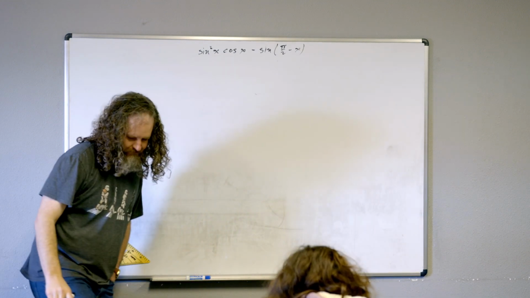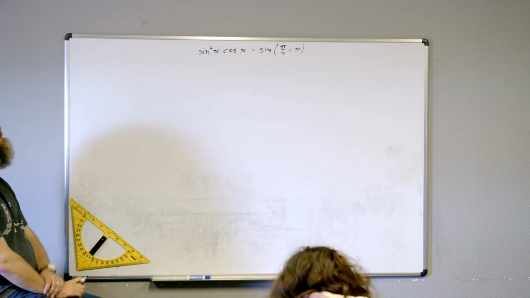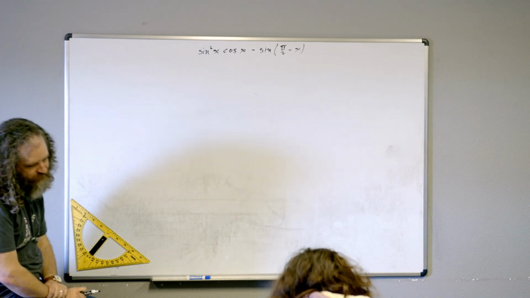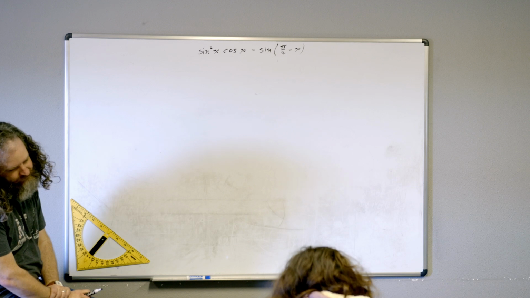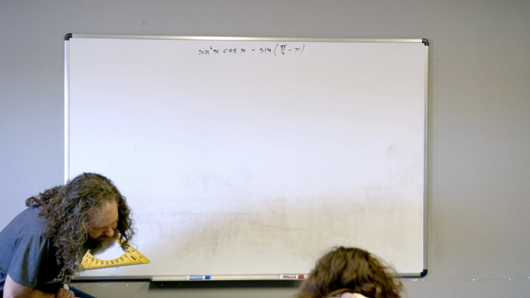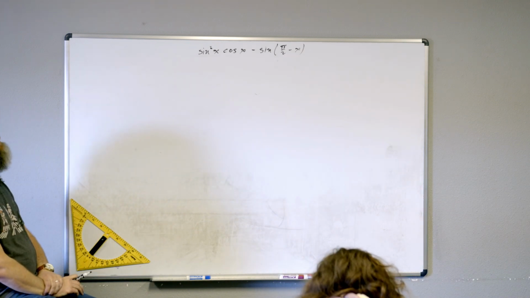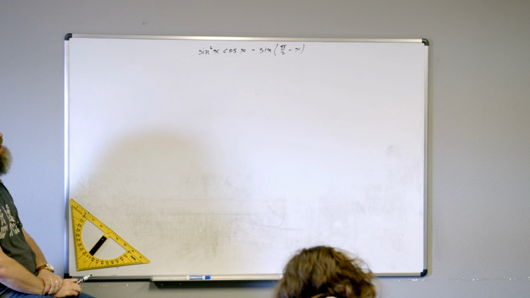So, what could we do? We can use one of the identities, or the Pythagorean identity. Or use the co-function identity.